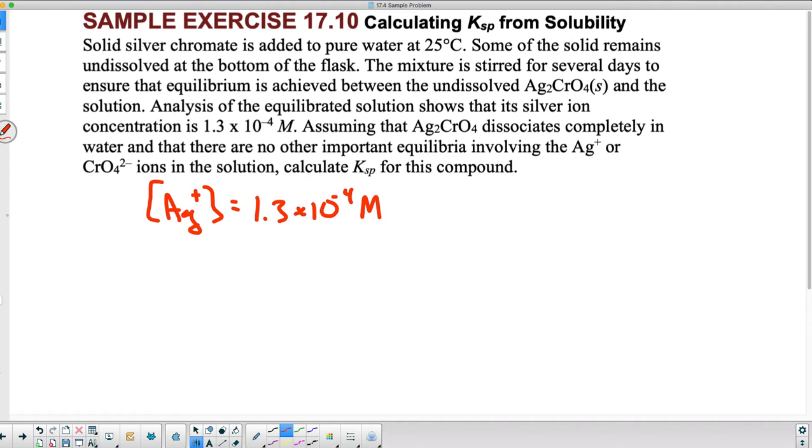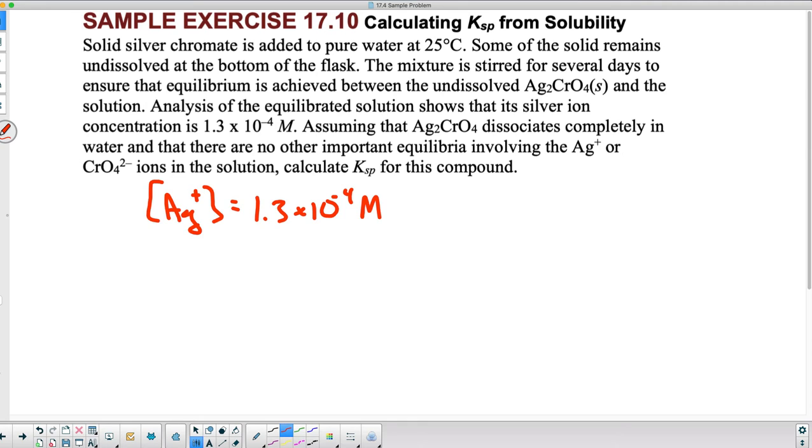Assuming that Ag2CrO4 dissolves completely in the water and that there are no other important equilibria involving the Ag plus or CrO4 2- ions, calculate the KSP for this compound.